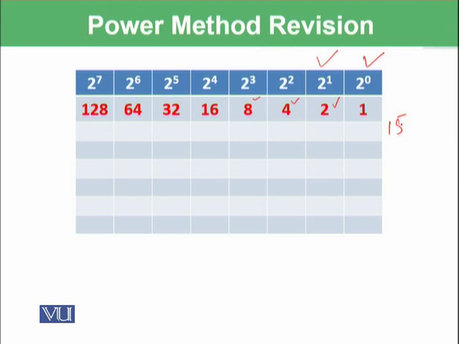To represent 15, you just need to put 1 on those slots which can make you 15. For example, 8 plus 4 is 12, plus 2 is 14, plus 1 is 15, and put zeros in all of the other locations. So this will give you 15.